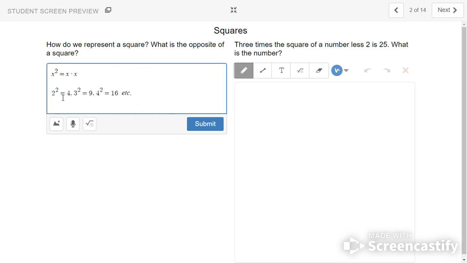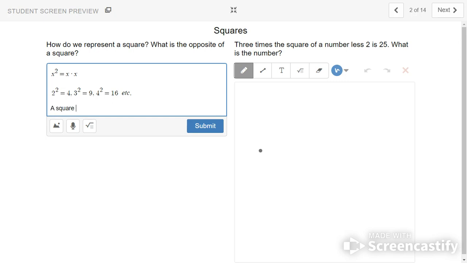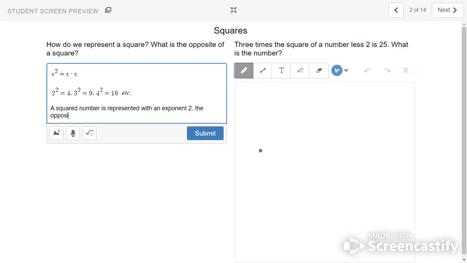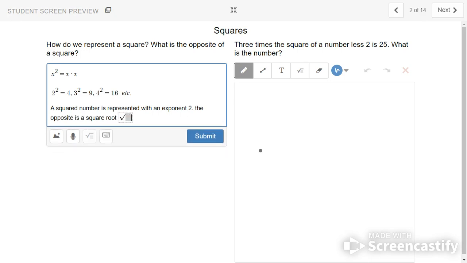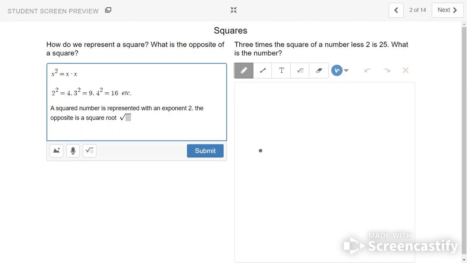We represent a square by putting an exponent 2 to the base. And the opposite of a square is taking the square root. So the square root, we would use this symbol, to undo the exponent 2.